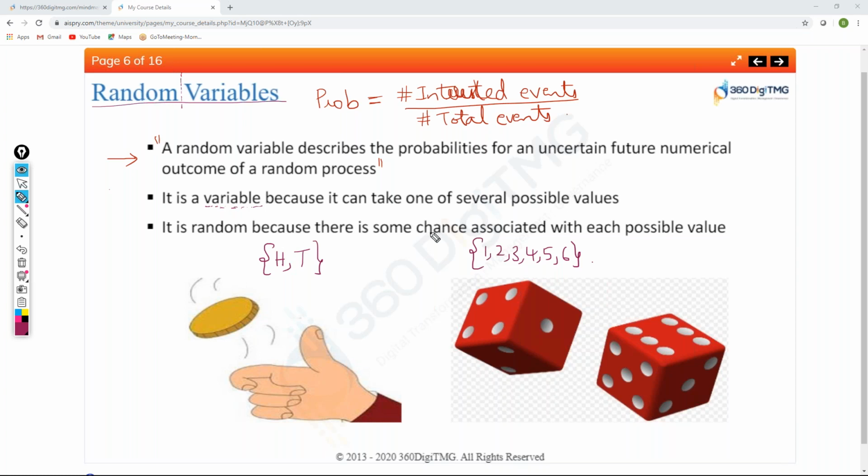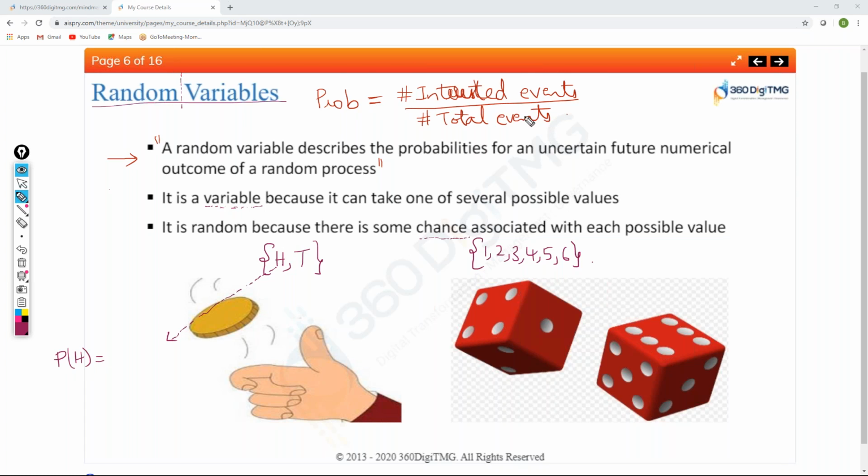Now let us understand the random component. Random means if there is a chance associated with each of these values, it is called random. If I ask you, what is the chance that we would get a head? Chance or probability of getting a head is equal to number of interested events, right?